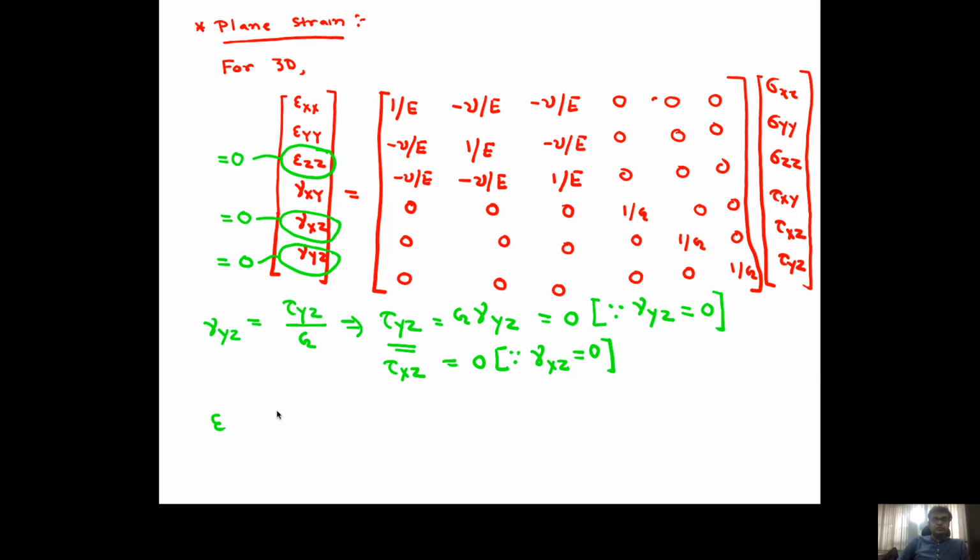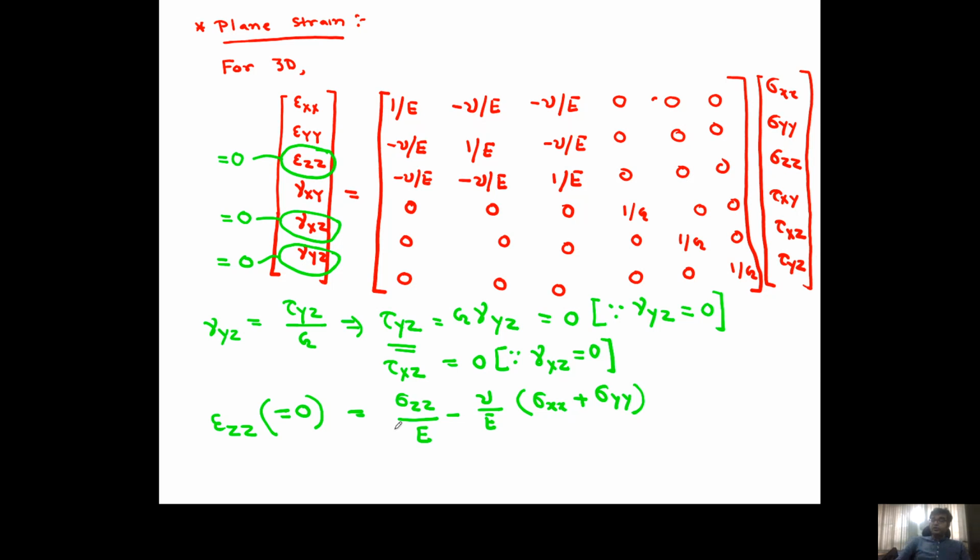Epsilon zz, which you should remember is equal to 0, is equal to sigma zz by E minus nu by E times sigma xx plus sigma yy.